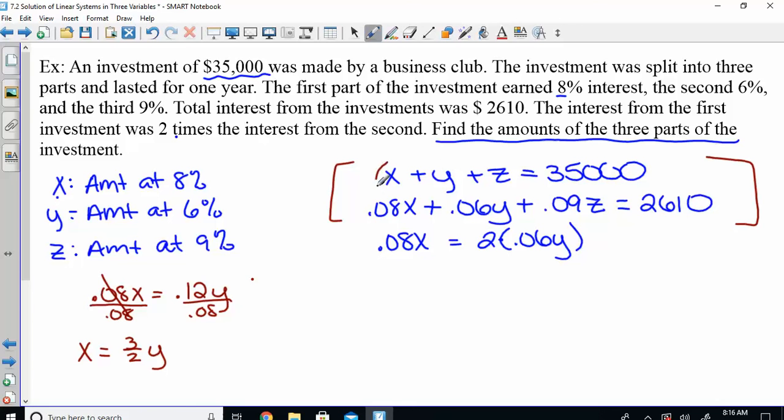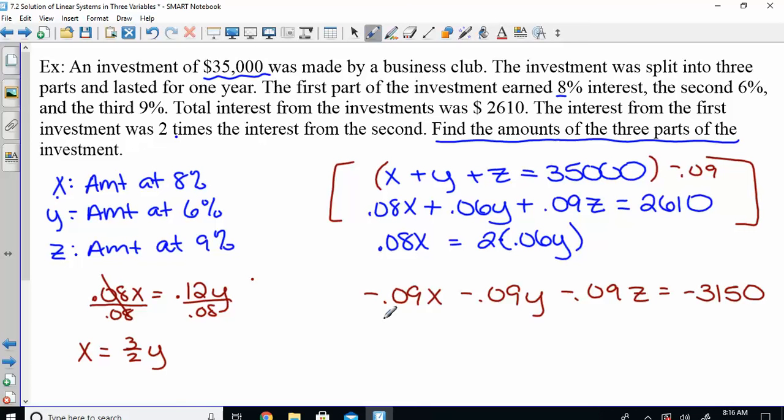To do that, we would have to take the first equation times negative 0.09x minus 0.09y minus 0.09z equals 35,000 times 0.09. One thing that I have noticed with you guys, make sure you're watching your decimal places when you do that. That's probably the biggest error I've seen on the homework.